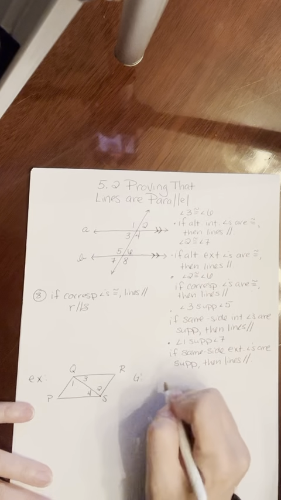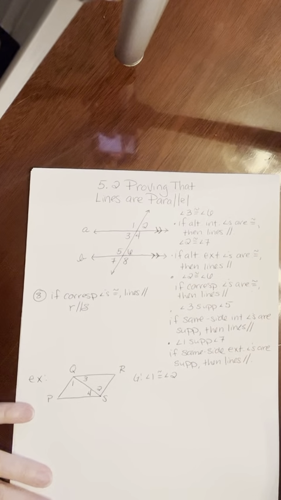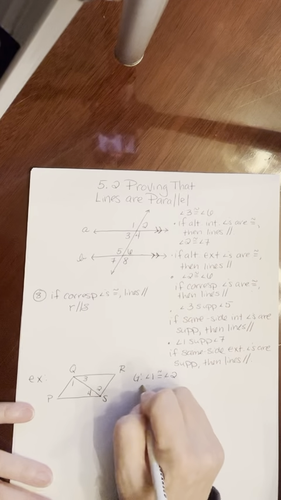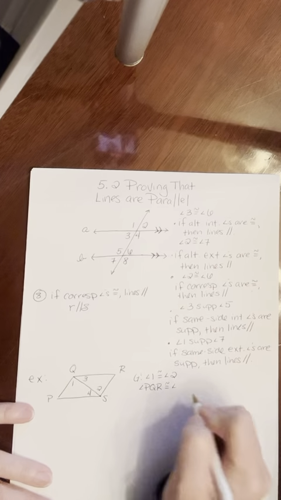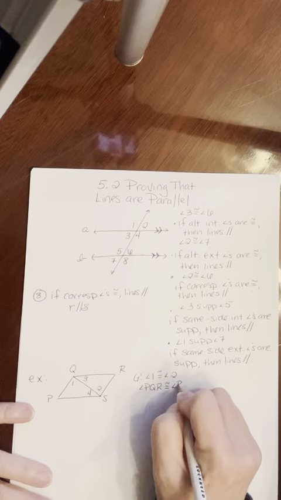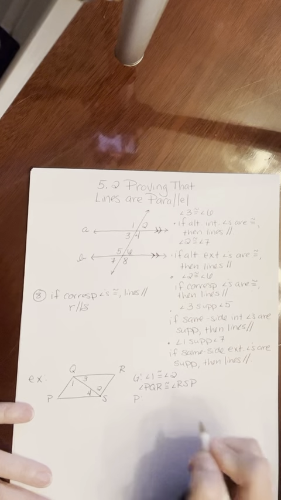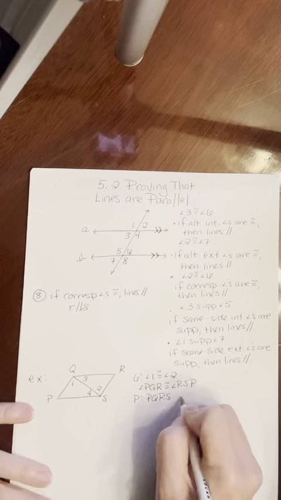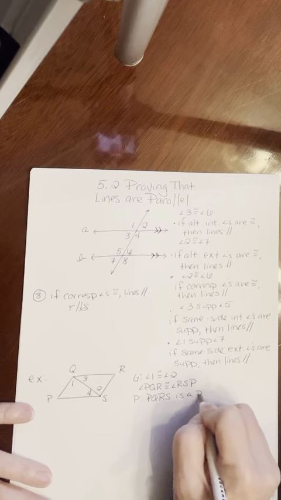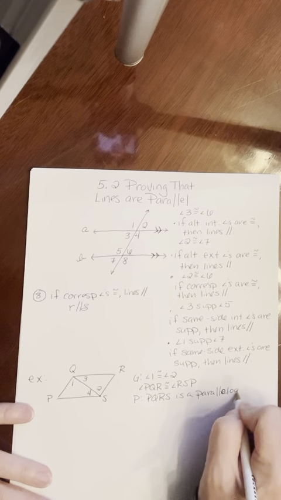You're given angle 1 is congruent to angle 2, and angle PQR is congruent to angle RSP. We are going to prove PQRS is a parallelogram. Did I spell it right? No, parallelogram. There we go.